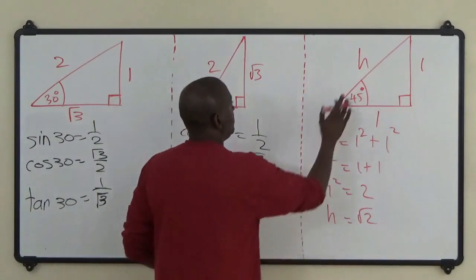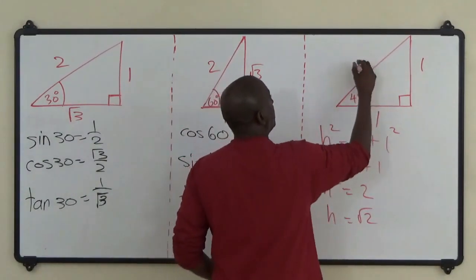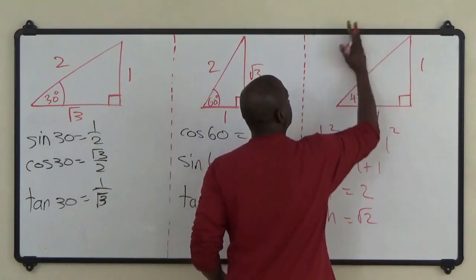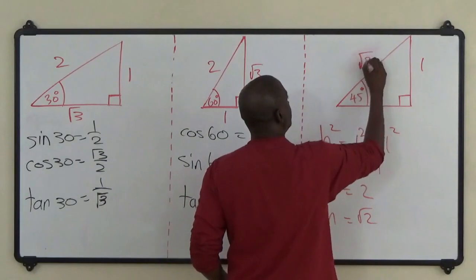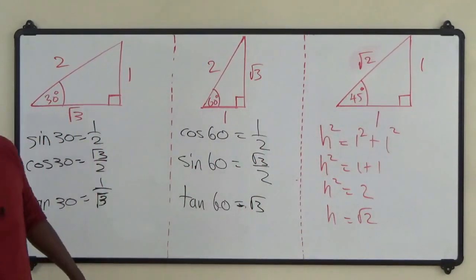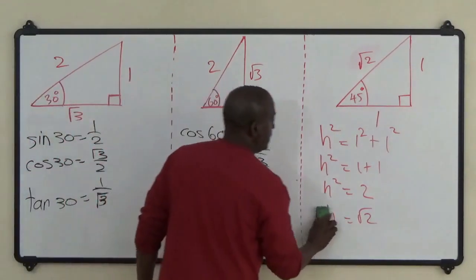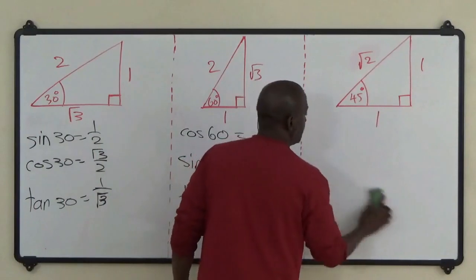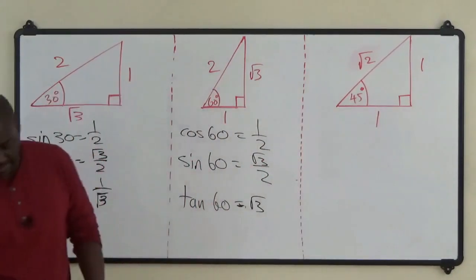So it means therefore that your H is equal to root 2. So we replace H by root 2. And having done that, we can now derive the appropriate relationships for sine, cosine, and tangent of 45 degrees.